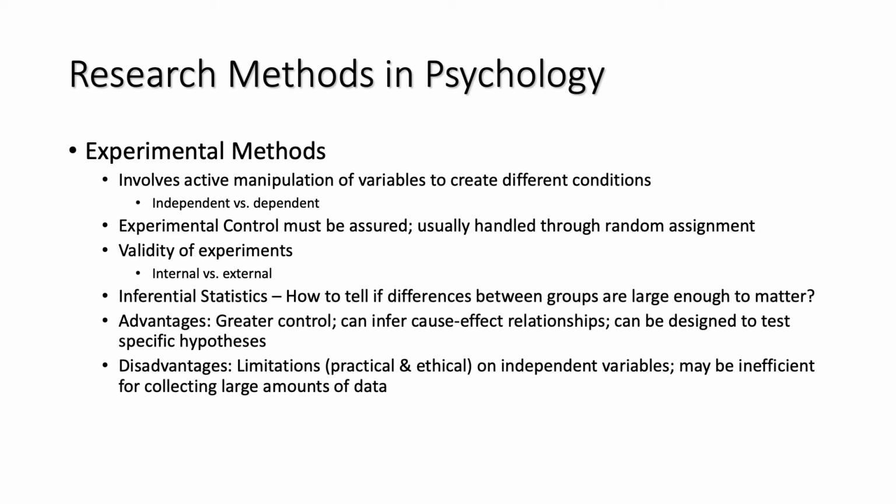External validity means, can you generalize the results of this study to other people in other places? And external validity is usually something experimenters are interested in, because you usually want to understand something about human beings in general, and you want the results of your experiment to generalize.